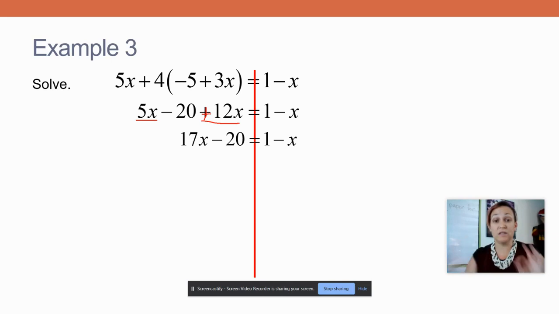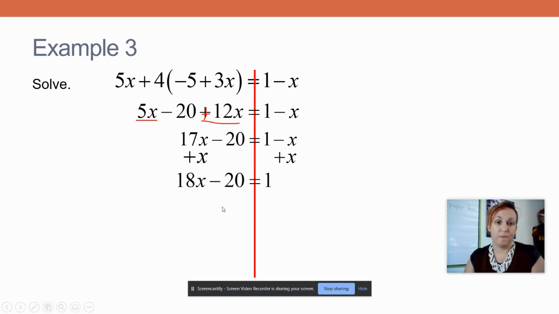Since these are on different sides, I can't just smush them together how they are. I have to do the inverse operation. So I'm going to be adding the x because it's once on the left and once on the right. In the previous step, it was both on the left, so I don't do an inverse. You want to be really careful about that.